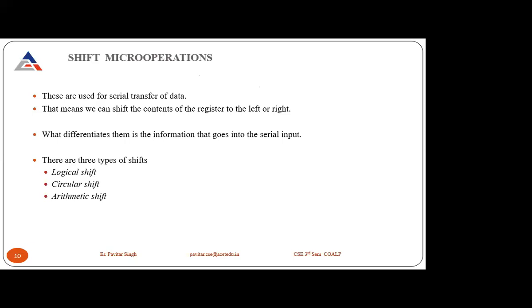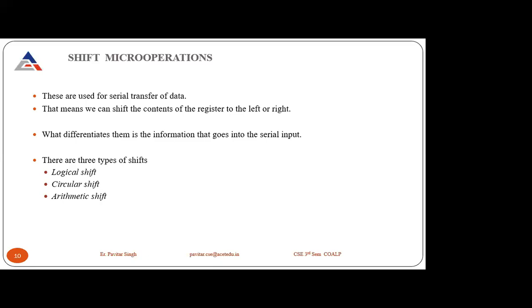For example, you have a 4 bit register, 0, 1, 1, 0. So what does shift mean? Either your bits will be shifted to the right hand side or to the left hand side, right?